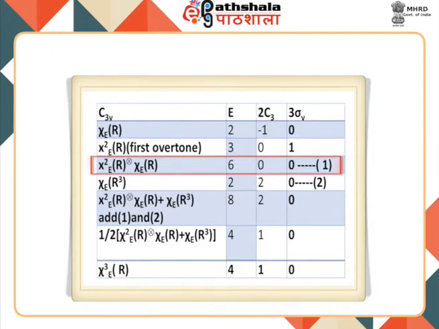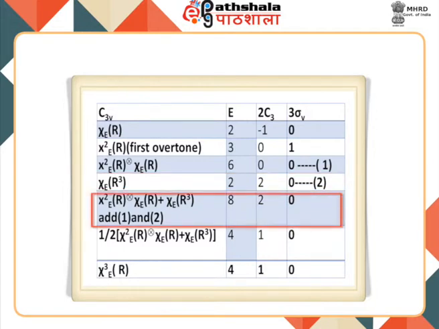Now, we take chi E square R into chi E R as 6, 0, 1, equation 1. We also know chi E R cube; we can get the result from table 2, it is 2, 2, 0. Therefore, chi E square R into chi E R plus chi E R cube is equal to 8, 2, 0.